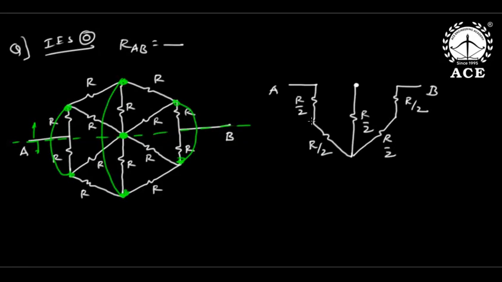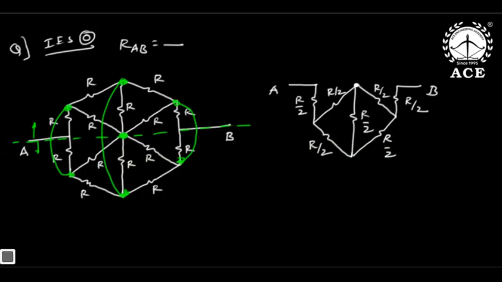And these two R, R parallel is R by 2. So if you fold it, these two parallel R by 2, these two parallel R by 2, these two parallel R by 2.